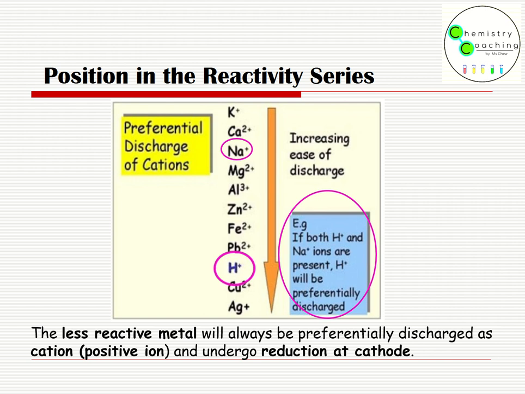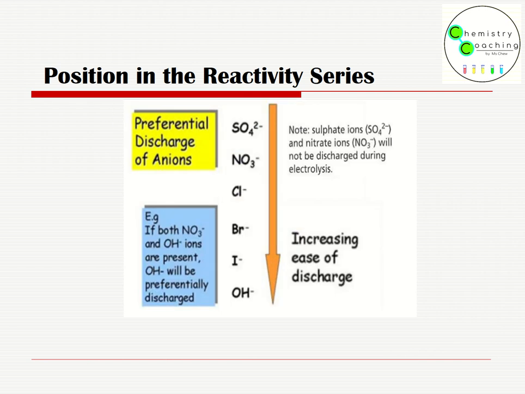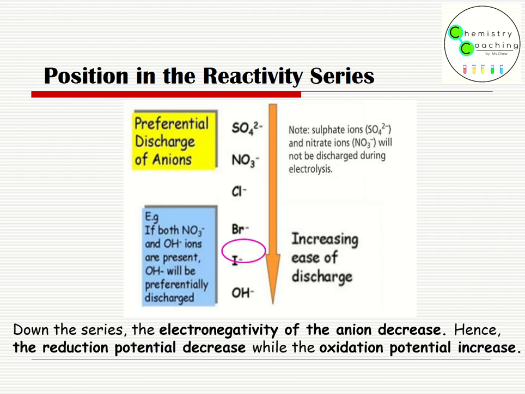Similarly, for anion, when both NO3- and OH- are present, do you think which ion will be selectively discharged? Again, OH-, which is positioned at the bottom part of the series, will get preferentially discharged over the NO3-.